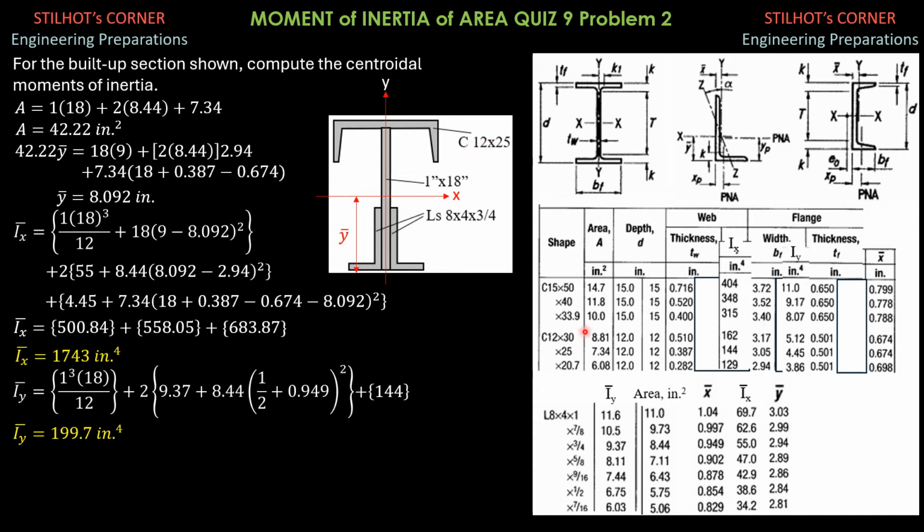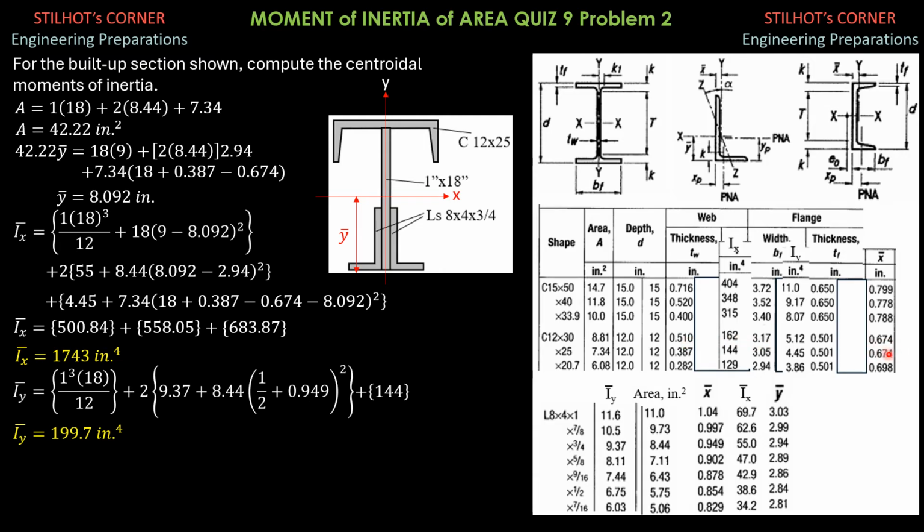The area of channel C12 by 25 is 7.34. Then times 18 inches plus the thickness of the web of the channel. This is the web thickness, TW, which is 0.387. Then we go down by bar x from the left edge; looking at the orientation, the distance to the centroid is bar x, equal to 0.674.